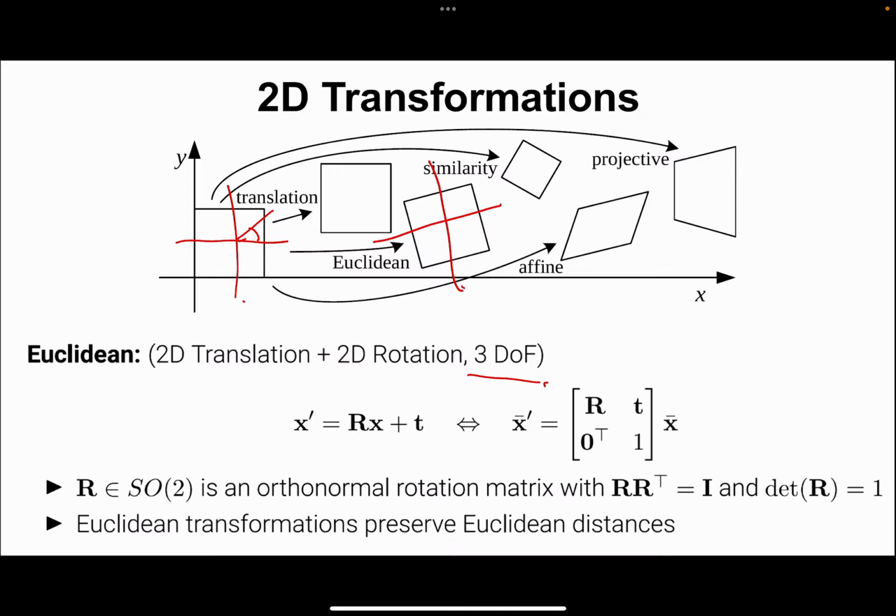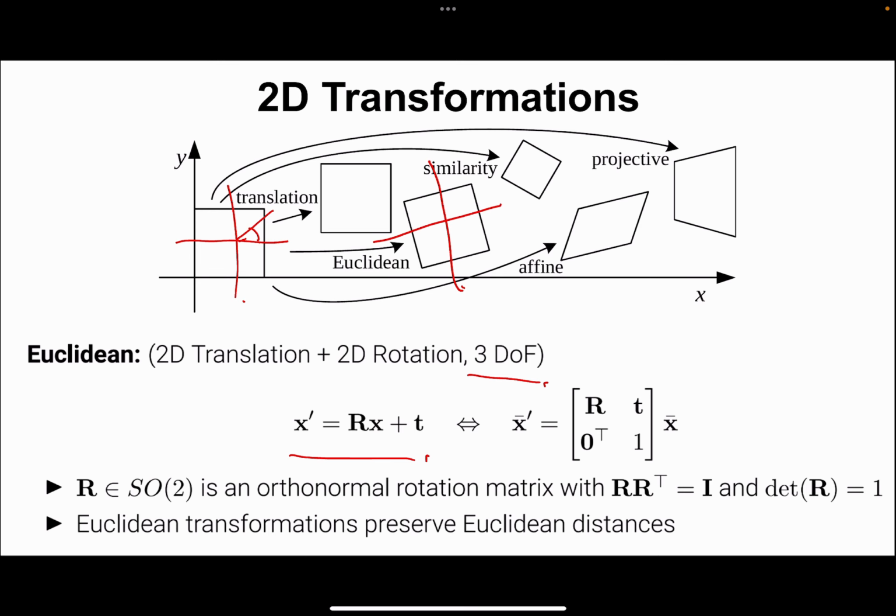So you just try to rotate this pencil in this direction. Only 1 degree of freedom, only one scalar can represent 2D rotation. So by combining 2 degrees of freedom from 2D translation and 1 degree of freedom from 2D rotation, we get 3 degrees of freedom for the Euclidean transformation. In vector form, we can write it like this: Rx plus t.